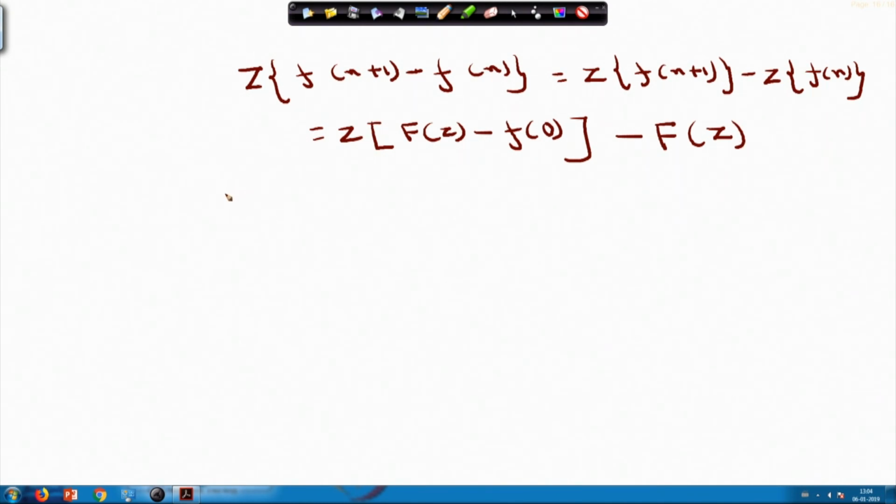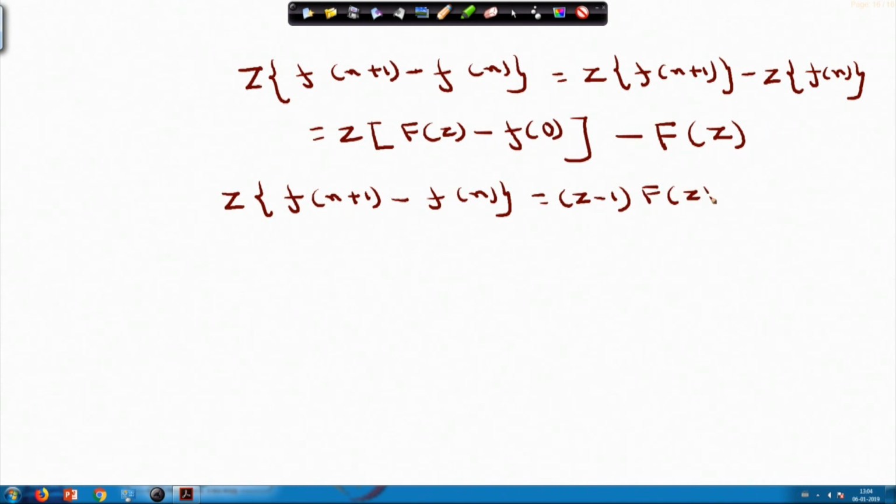Equivalently, the Z transform of f of n plus 1 minus f of n equals z minus 1 into F z minus z into f 0, just simplifying the earlier term.